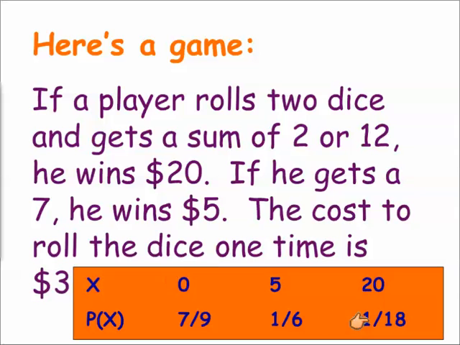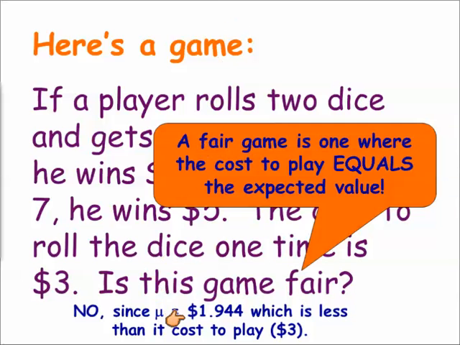Well, it's what's left when I take these two. You know, 3 out of 18 and 1 out of 18, that's 4 out of 18. That gives you 14 out of 18 or 7 out of 9 left. You get nothing. And so if I take this p of x times this x, add them all up and divide by 3, I will get that the mean is 1.944.